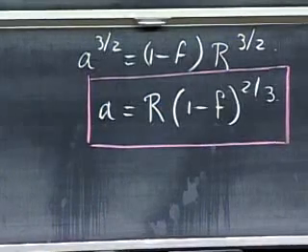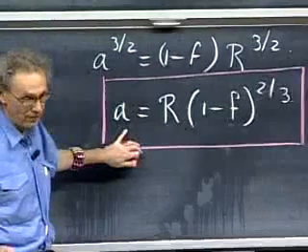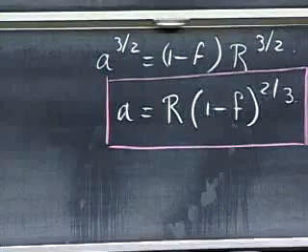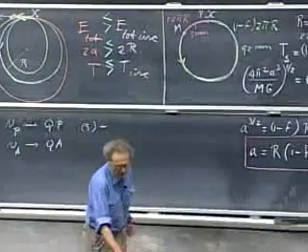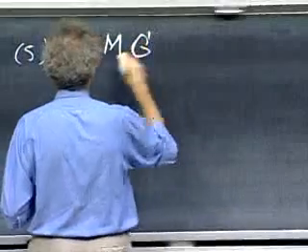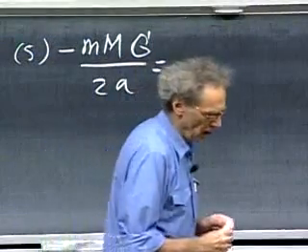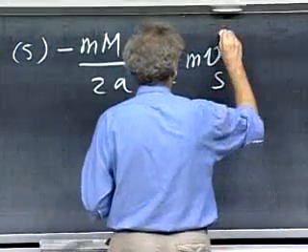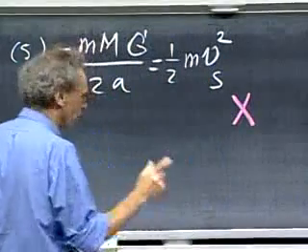But once you know the semi-major axis, you can immediately calculate with equation 5 the speed of the sandwich. Because equation number 5 will tell you that minus mMG divided by 2a, a being now the semi-major axis of the sandwich orbit, equals 1/2 m times the velocity of the sandwich squared, minus mMG divided by capital R. This happens at location X after the burn.